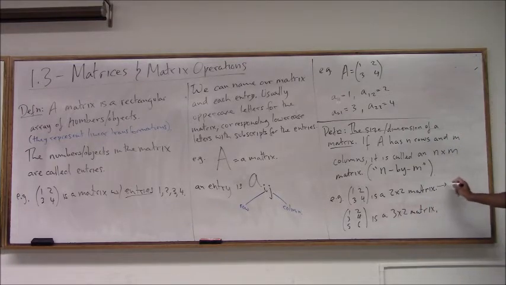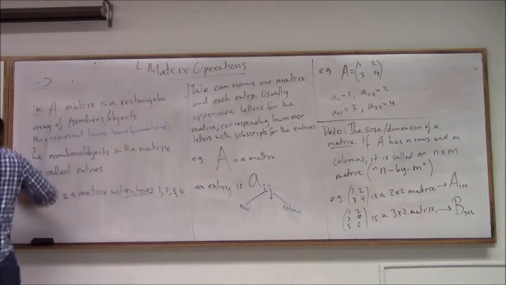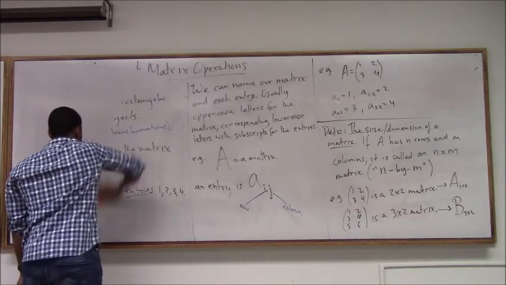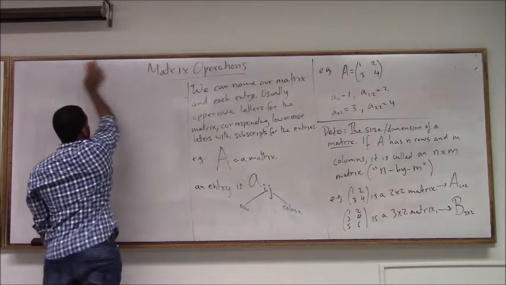In this case, I could write big A and emphasize that it's a 2 by 2 by writing a little subscript 2 by 2. Here I can write this as B, where B is a 3 by 2. So we determine the size of a matrix by listing it row by column.